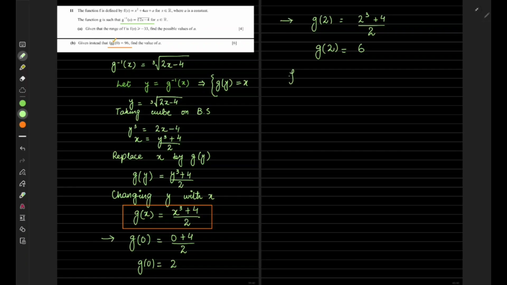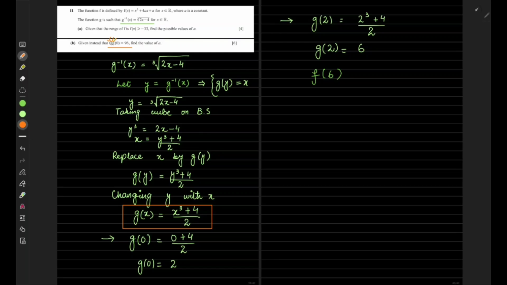And now lastly, we have done g also. Now we have to find f. So with the output 6, we will find f of 6.